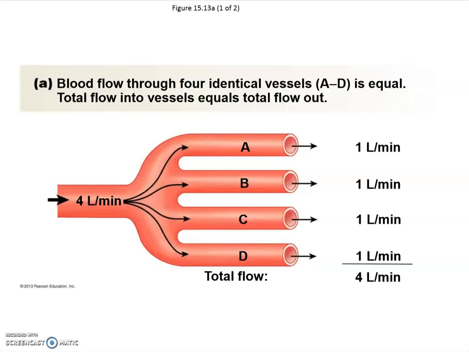Now, if you decide that you want to divert blood, then you always have the option of increasing or decreasing blood vessel diameter. So here's an example: given that you have 4 liters per minute of cardiac output, and you're servicing areas A, B, C, and D equally, they all get 1 liter per minute, and it adds up to the total cardiac output of 4 liters per minute.